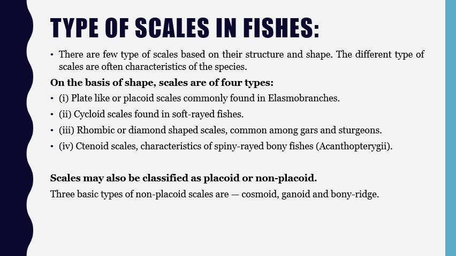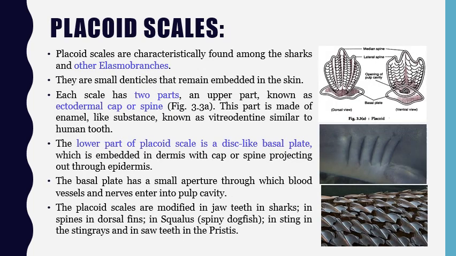And fourth is ctenoid scales, generally characteristic of the spiny rayed bony fishes. Scales can also be classified as placoid or non-placoid. Non-placoid scales are of three types: Cosmoid, Ganoid, and Bony fish scales. Now we study the different types of scales.